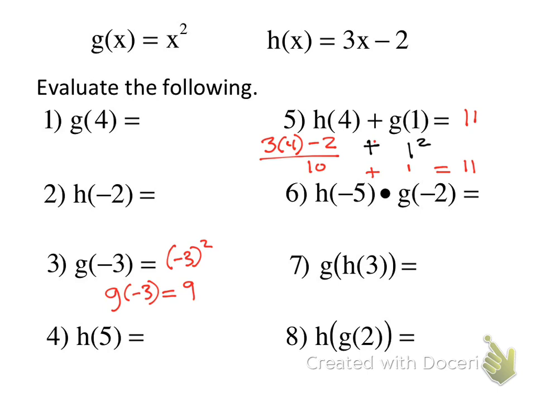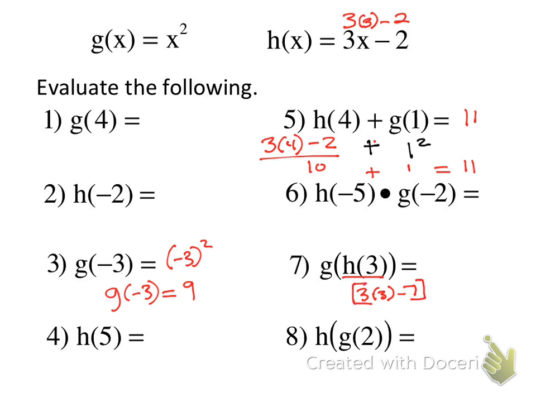Does that make sense? Now let's look at number 7. We work inside out. First we find the h of 3. So what is the h of 3? 3 times 3 minus 2, right? And put that all in its own braces.